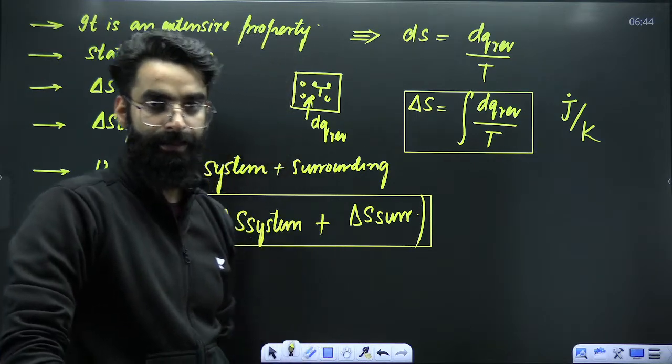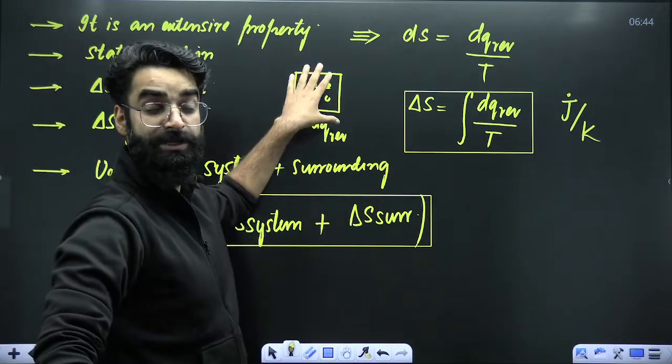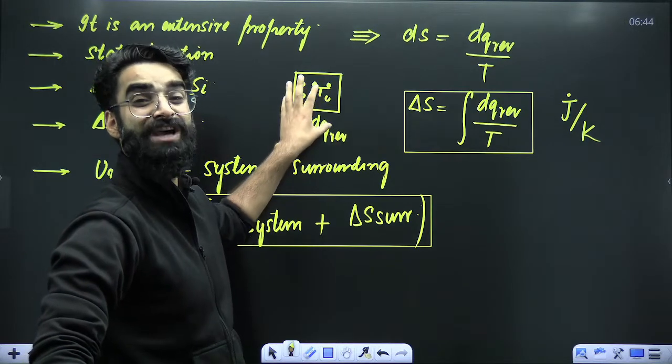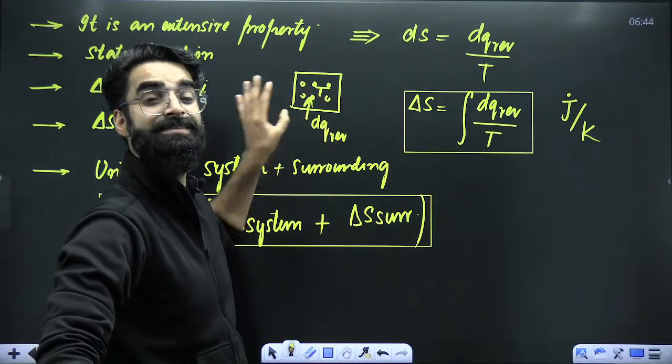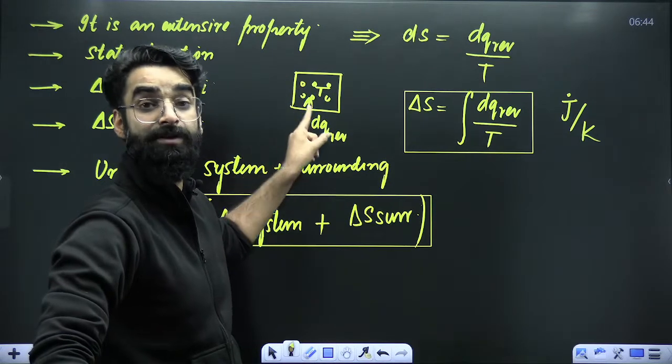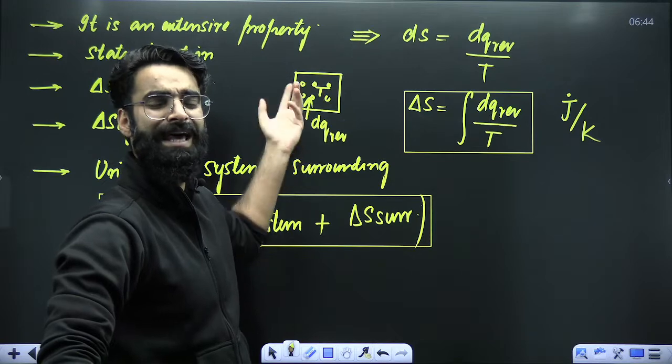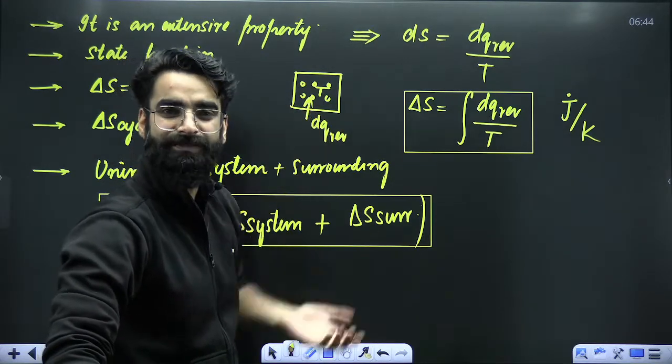Yeah? Do remember, this is the gas which I took in the container. I'm supplying dq amount of heat to the gas. But the heat which I'm supplying to the gas, I'm supplying it in such a way that the temperature of the gas does not change. Only the heat which I'm supplying is just utilized to increase the randomness of the system.